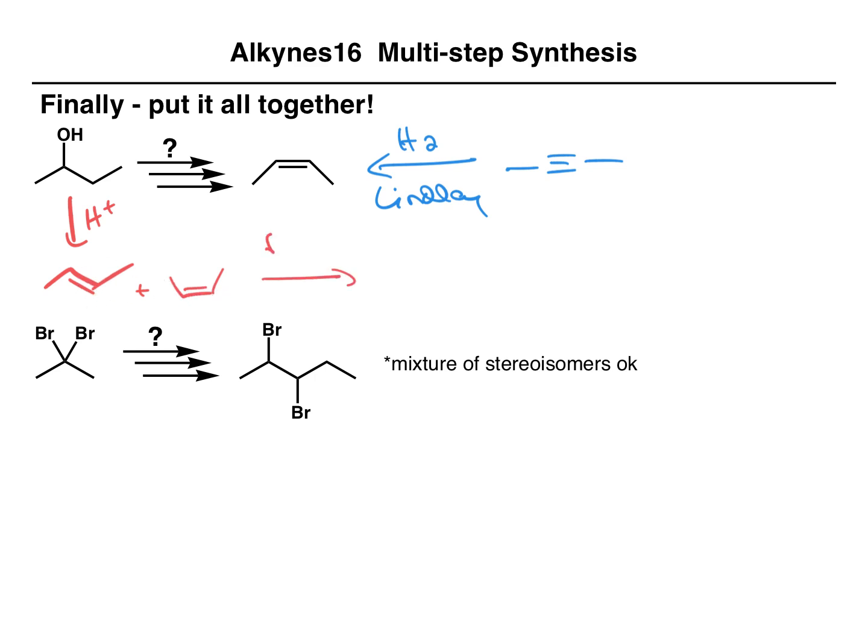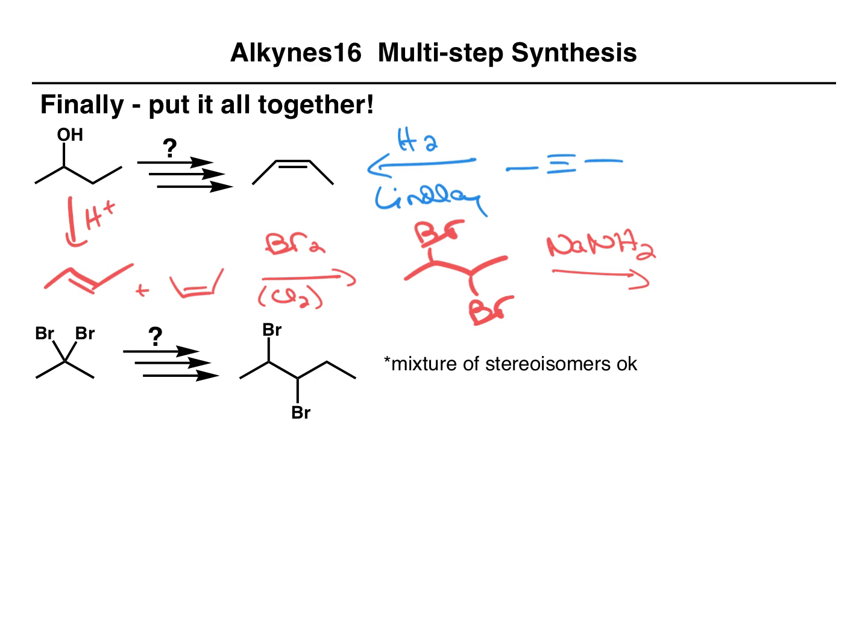We can add bromine or chlorine, and this will add across the double bond. I'm not really trying to show stereochemistry. We're going to get a dibromide. Now that we have a vicinal dibromide, we can treat this with an excess of sodium amide.